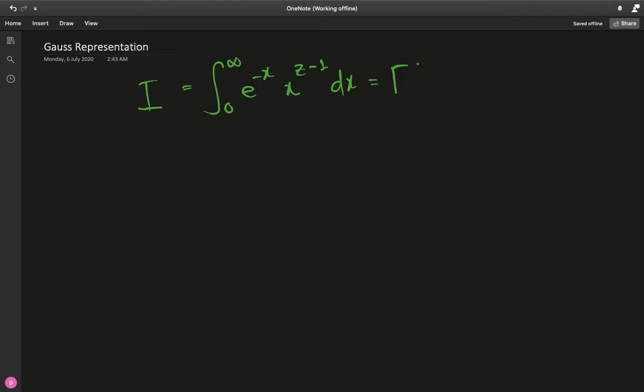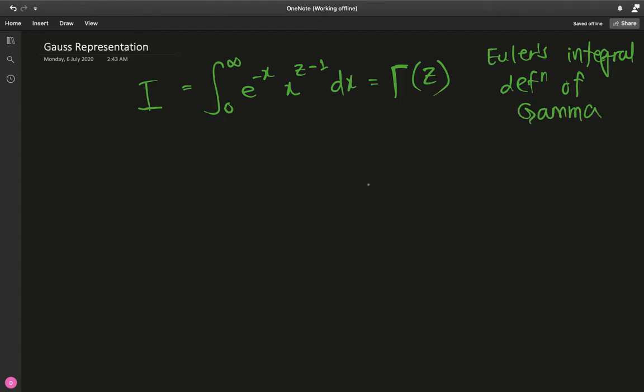This is just the gamma of z, and this is what we call Euler's integral definition of the gamma function. And we're going to actually work with this.